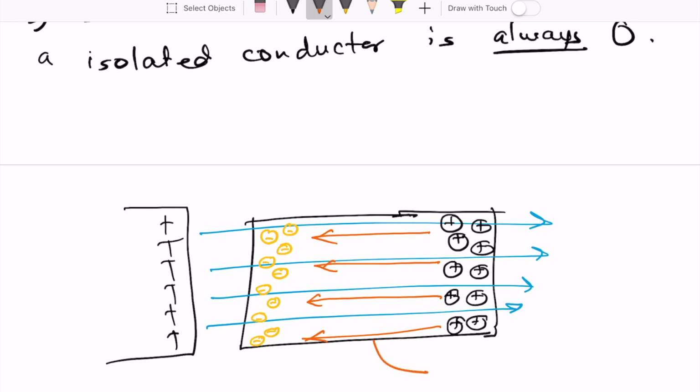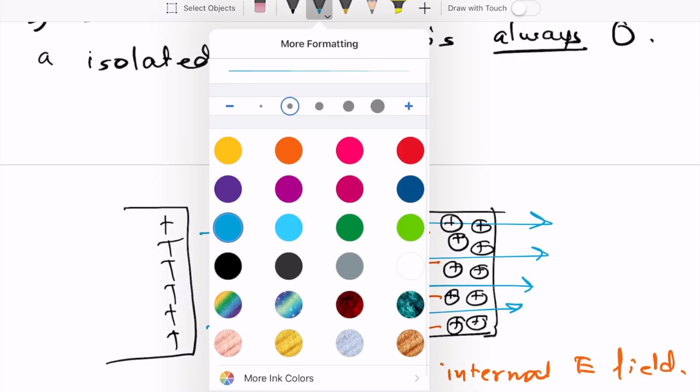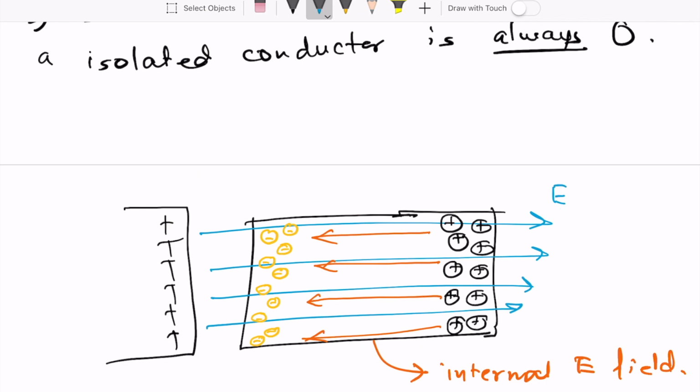So this is the internal electric field. And the blue one, of course, is the external electric field. So the internal electric field will keep getting stronger and stronger until it cancels out the external electric field. And then you will have zero electric field in the interior of the conductor.